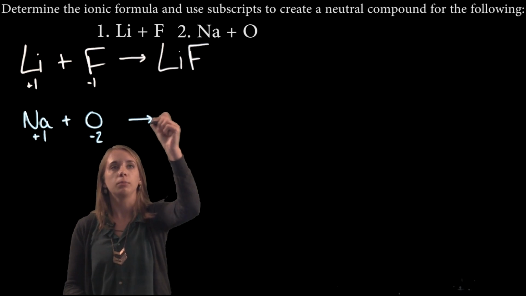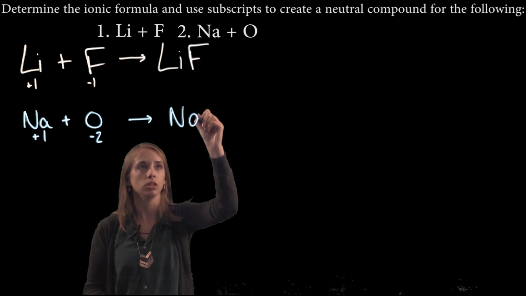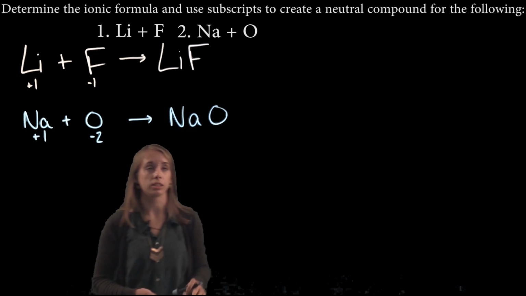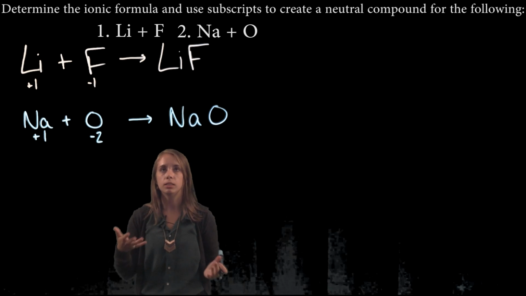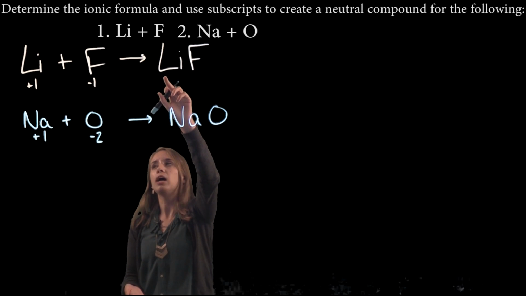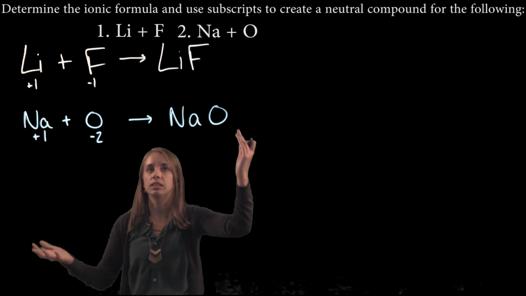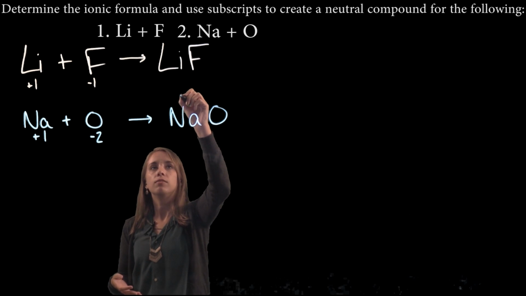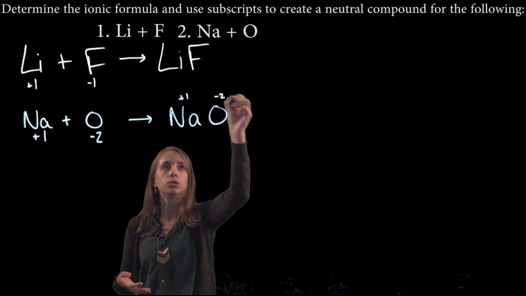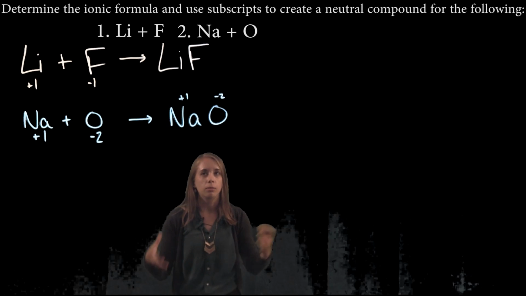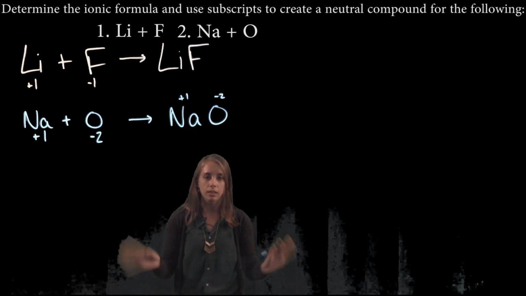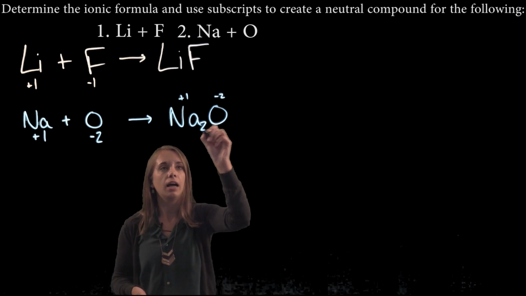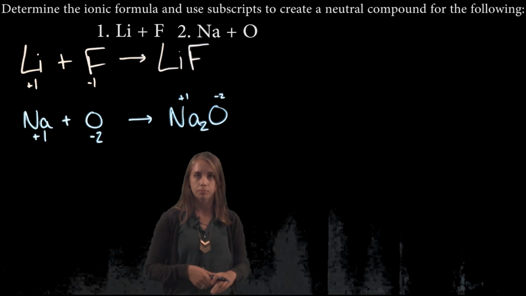Okay, so if we want to make our compound sodium oxide, I need to now consider what my subscripts will be. Up here, I had +1 and -1, so they kind of canceled out. Here, though, if I have a +1 here and a -2 here, they're not going to cancel. I'm still going to have an overall charge of a -1, unless I add my subscript here.